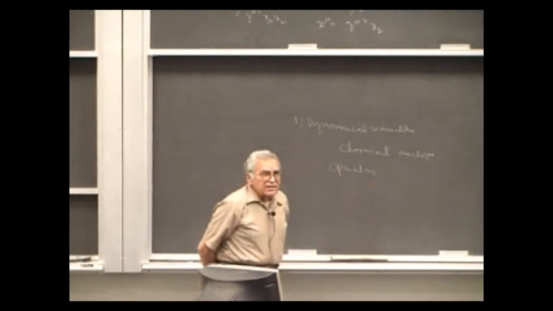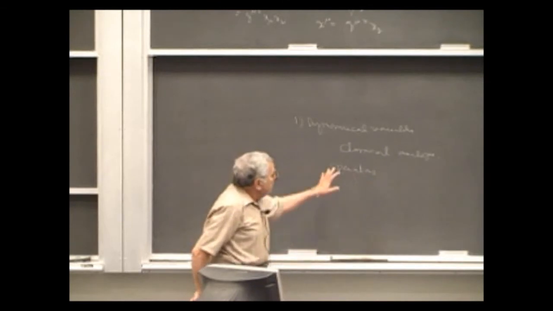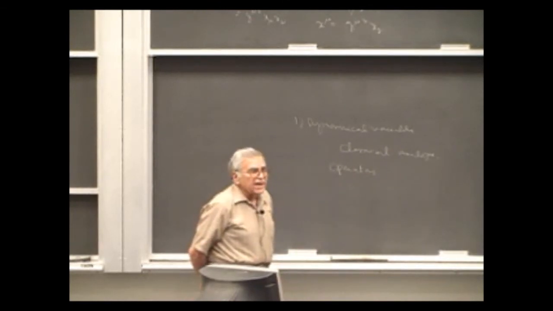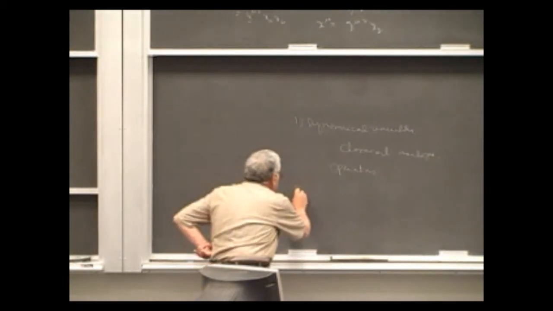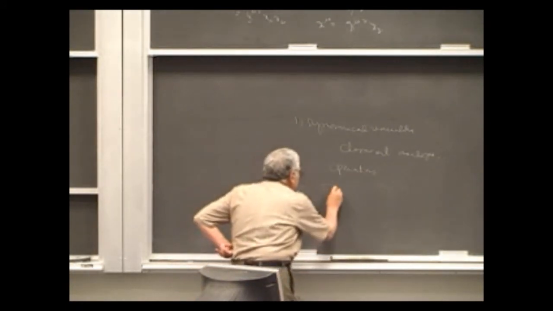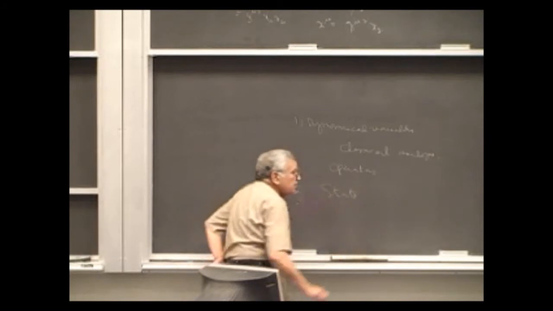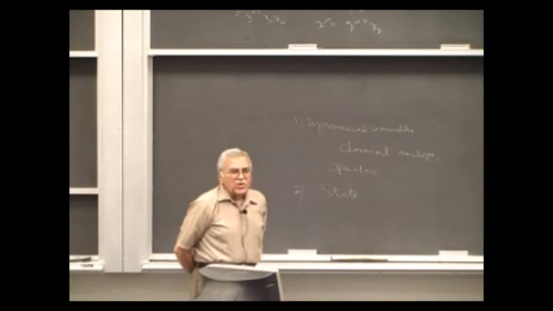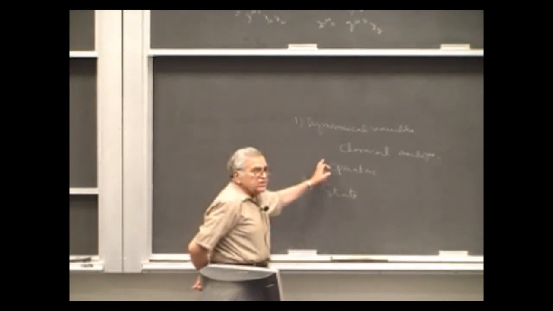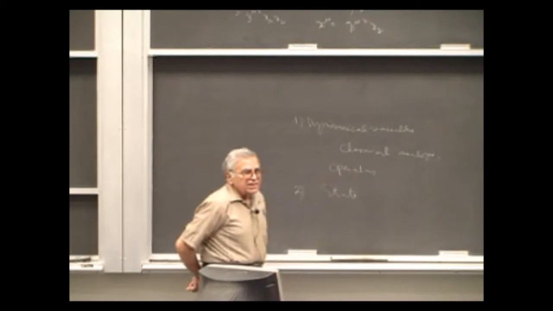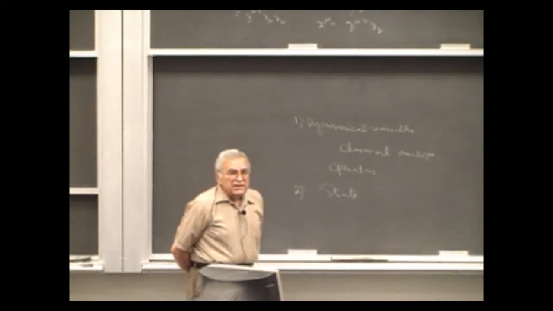They have a classical analog but are treated quite differently in quantum mechanics. The second is the concept of state. This has no classical analog, but it is essential in quantum mechanics, because when you have operators, you must have some state for them to act on. So these are the two concepts.